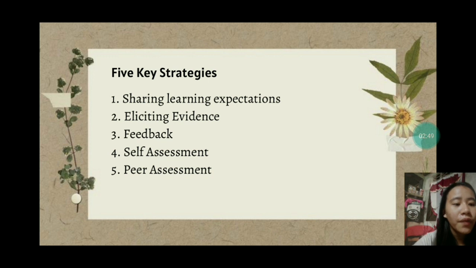Of course, provide effective feedback that motivates the learning and can lead to improvement. Then, self-assessment. The process of looking at oneself in order to assess aspects that are important to one's identity. And then the last is peer assessment. Provide a structured learning process for students to critique and provide feedback to each other on their work.